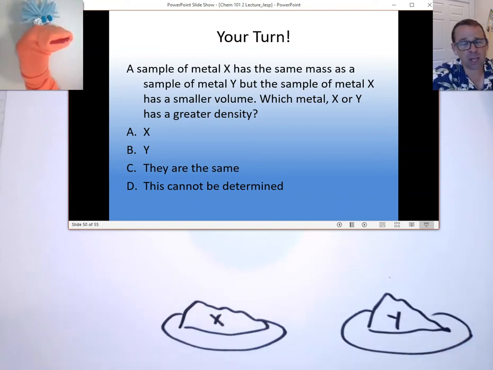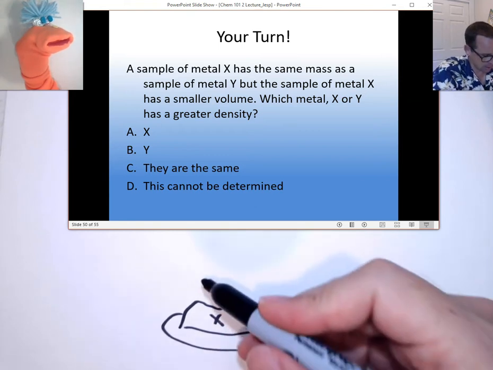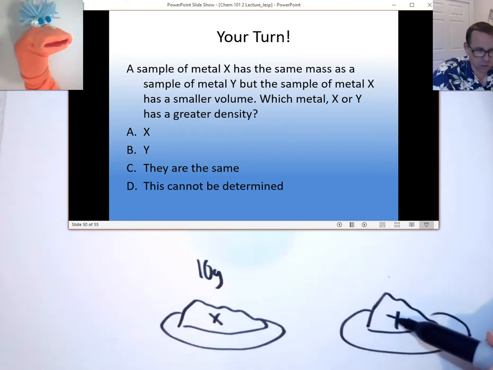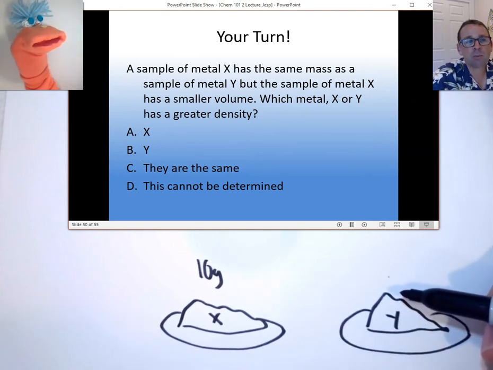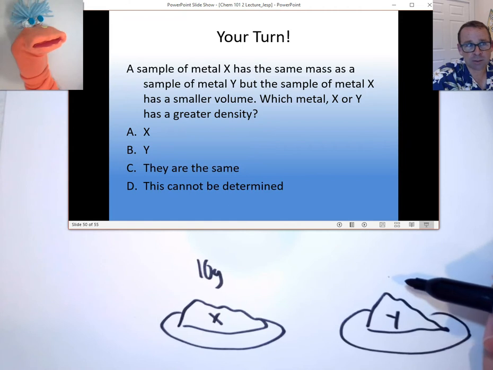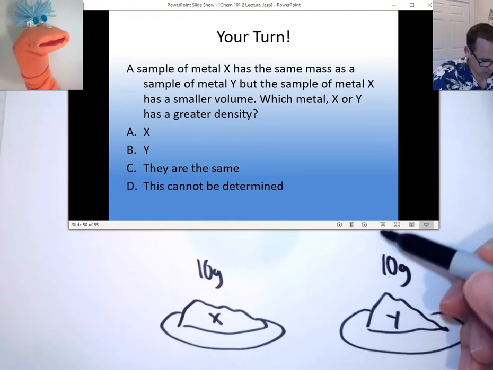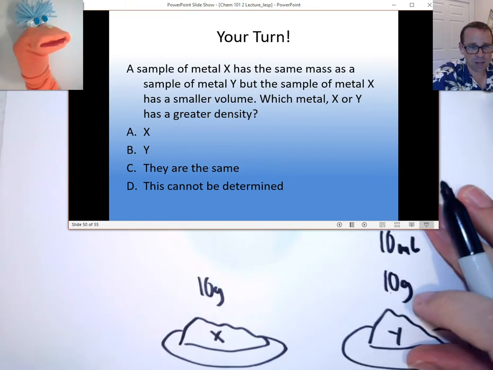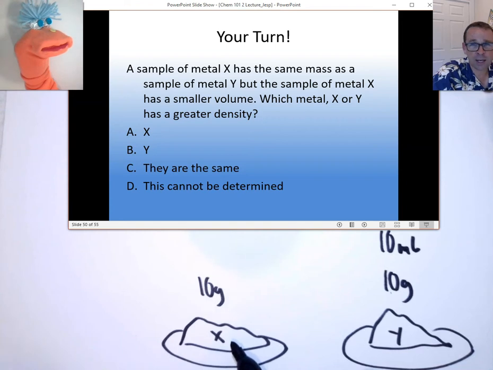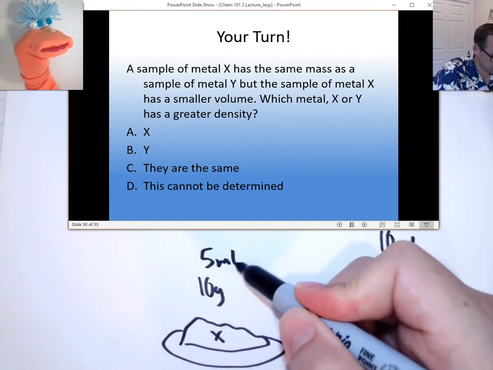All right, so maybe it'll be helpful if we write down some numbers. So like, let's say that X weighs 10 grams. How much does Y weigh? 5 grams? No, it says that Y and X have the same mass. Oh, 10 grams. Yeah, 10 grams. Now, let's give this maybe 10 milliliters. And X had a smaller volume, right? So let's give that 5 milliliters.